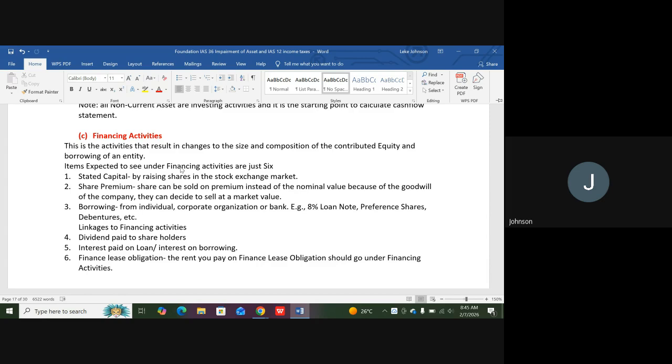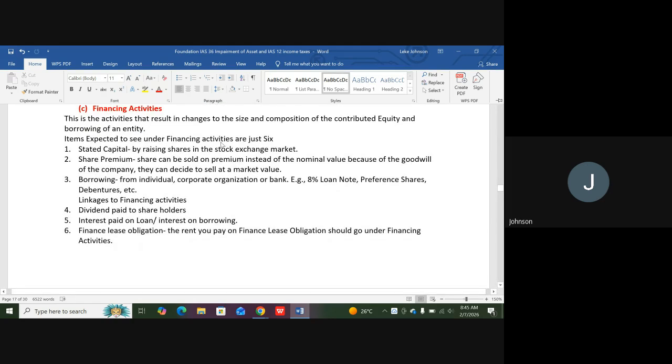So the activity that results in the changes in the size and the composition of the contributed equity and borrowing of an entity.